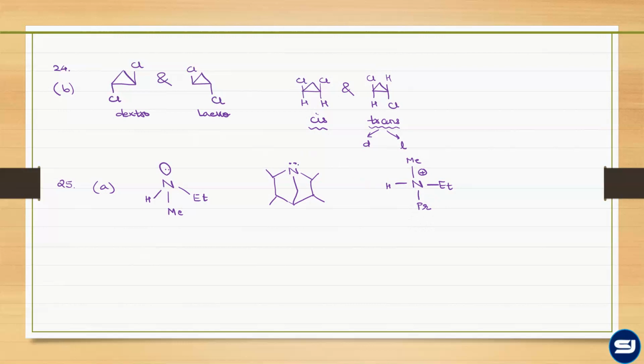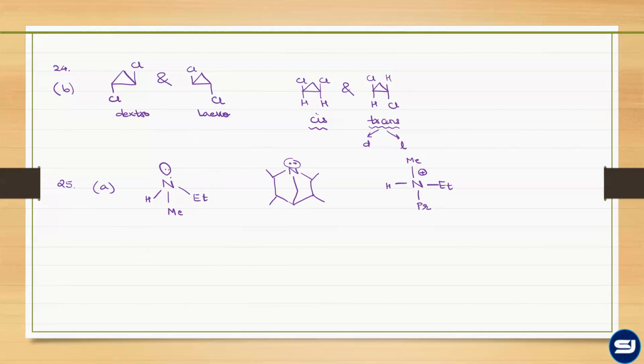And a neutral nitrogenous compound in which the nitrogen ka lone pair is restricted or not allowed to have a free rotation possible. Free rotation या free movement which is restricted, then such type of nitrogenous compounds can also show optical activity.